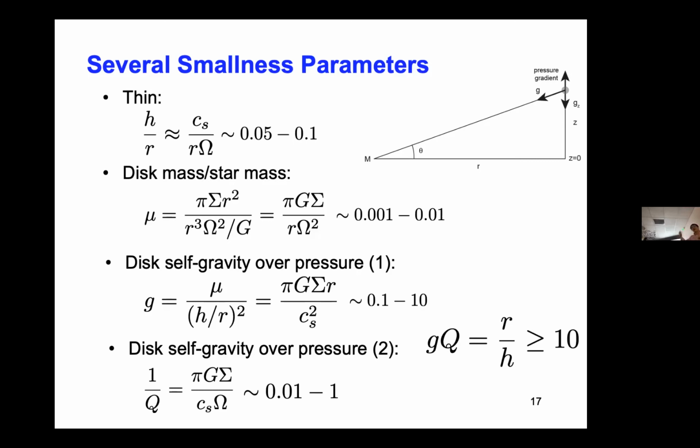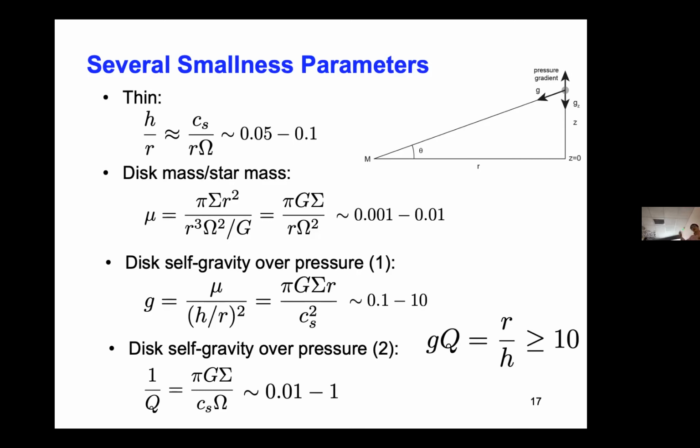So this G is usually bigger than 1 over Q by a factor of 10. So the message is that we do need this mass to form planets, but this self-gravity could come into play because those numbers are on the order of unity, and those ratios can be bigger than unity.